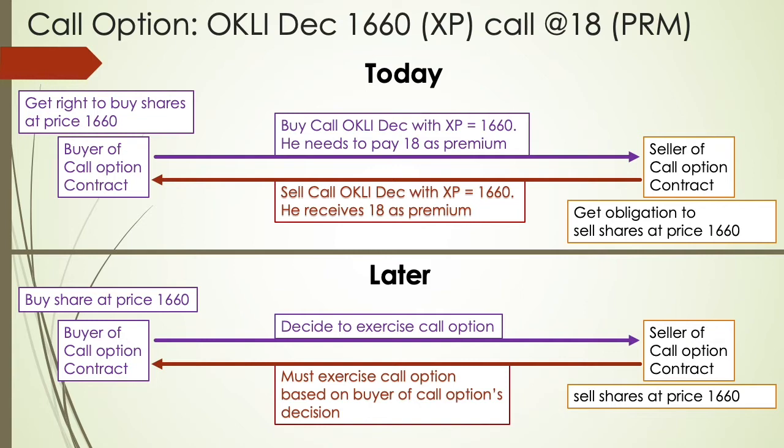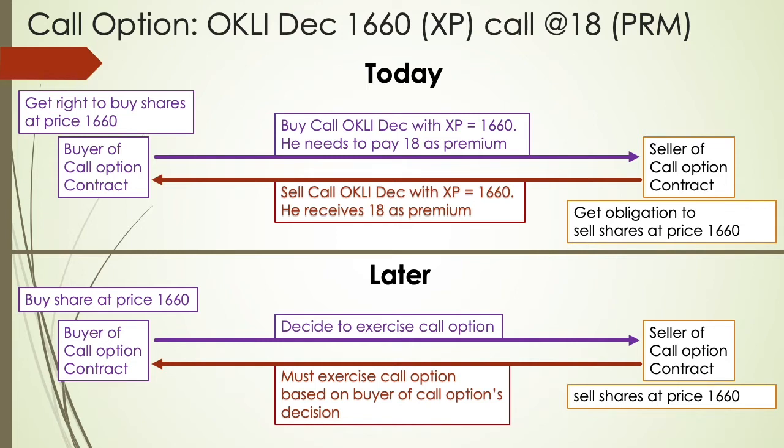So when the buyer of the call option contract pays the premium to the seller and buys the call option contract, he gets the right to buy shares at price 1660, which is the exercise price of the option contract. This contract is going to expire in December because the name is OKLI December.